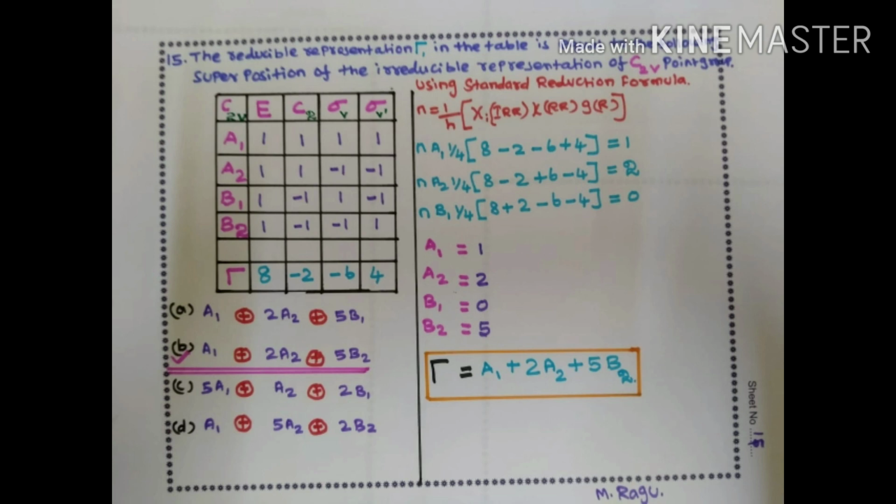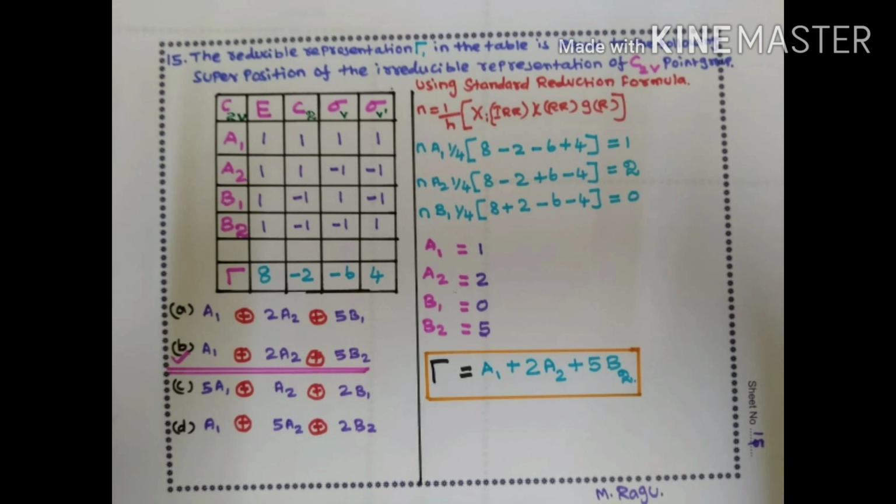Question number 15. The reducible representation in the table is equal to the following superposition of the irreducible representations of the C2V point group. This question is based on group theory. See the table of C2V. C2V is the point group of the water molecule.